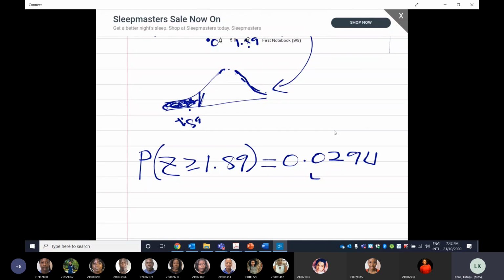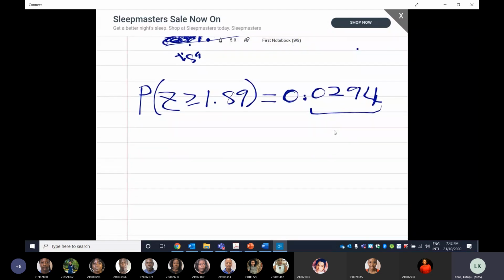So this is how it was written on my table, but there was a point before the 0, so I need to put a 0 before the decimal. Okay, so is that fine on reading the table? This is a 4. Yes, ma'am.